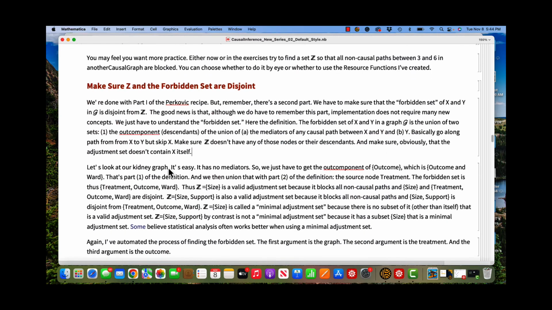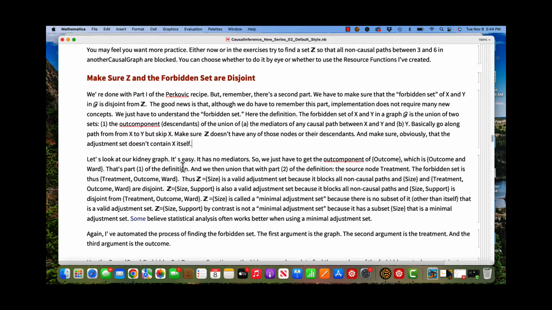Okay? So we block all non-causal paths by blocking at least one of the nodes in any of those paths. And then you make sure that in the process of doing that, you don't also include in Z any of the nodes along the causal path from X to Y or any of the descendants of the nodes along that path.